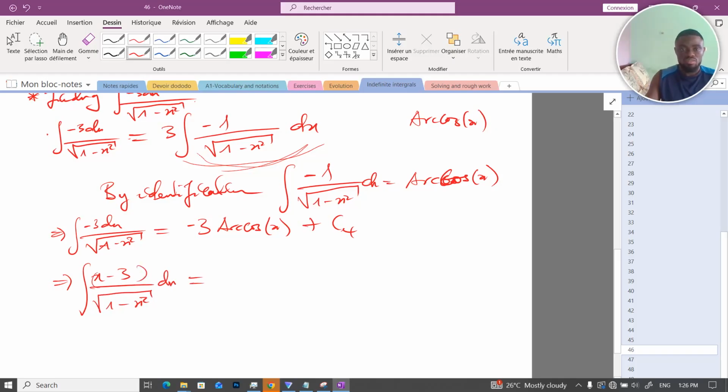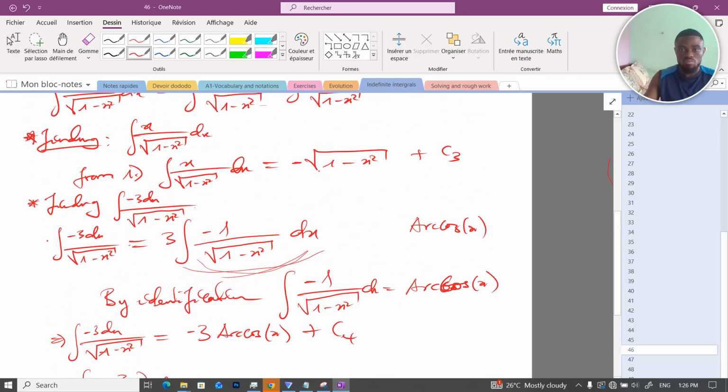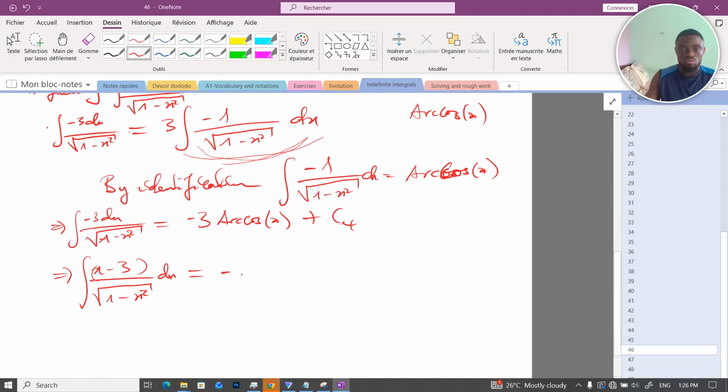What was the first integral? The first integral we had was minus the square root of 1 minus x squared, then this other integral, minus 3 arc cos of x, plus c3 plus c4.